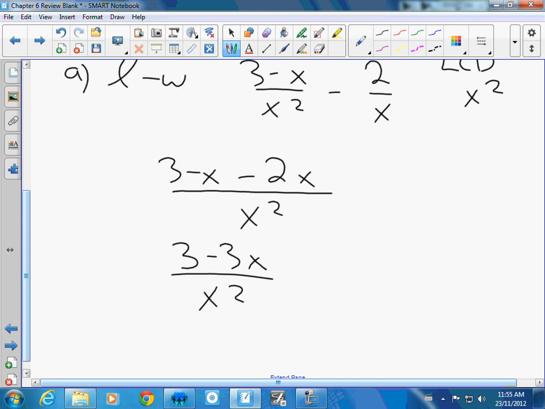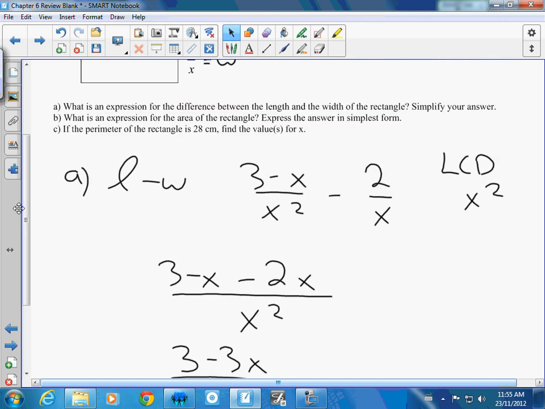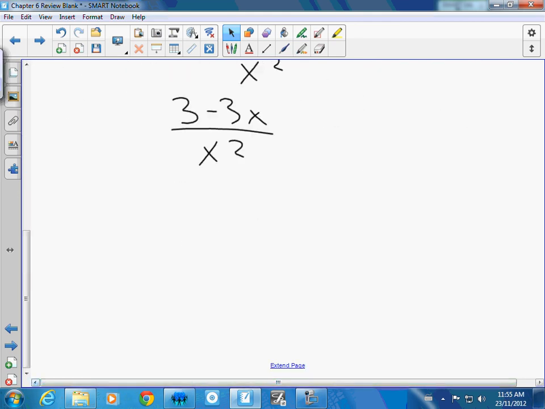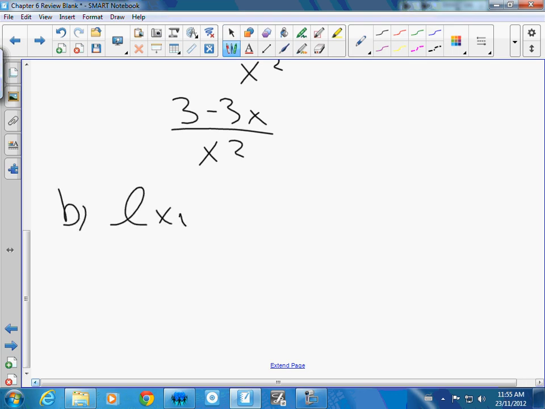Now we need to do B and C. B asks, what is the expression for the area of a rectangle? And what is area? Length times width. Do we know what length and width are? Length is 3 minus x over x squared, and the width is 2 over x. So 3 minus x over x squared times 2 over x. Okay.